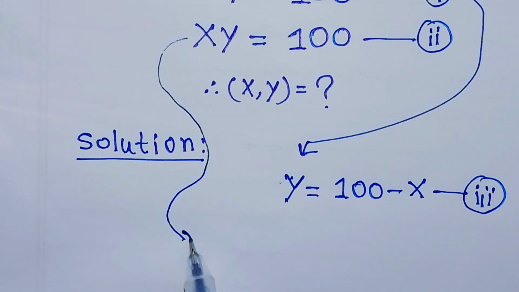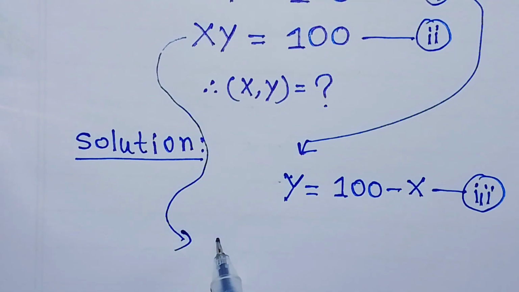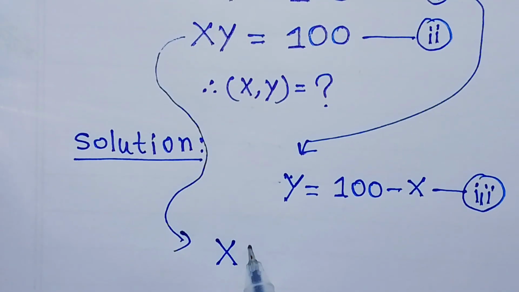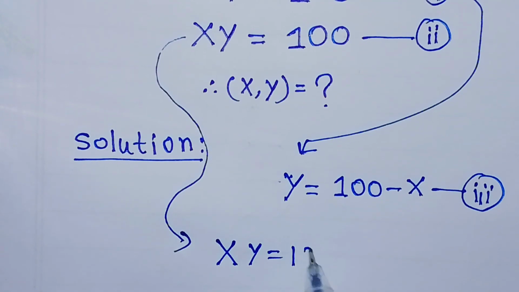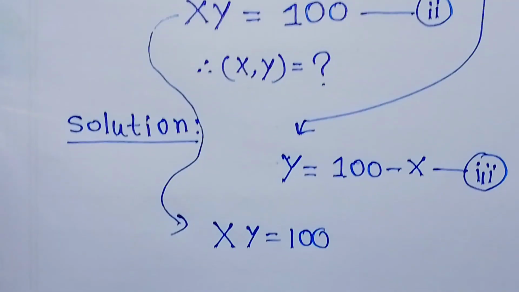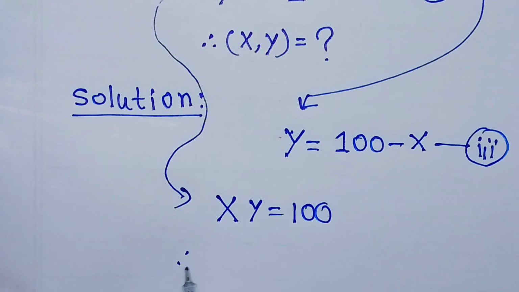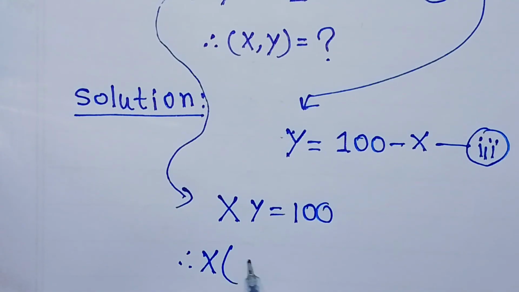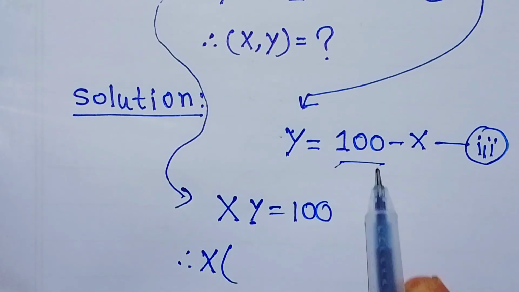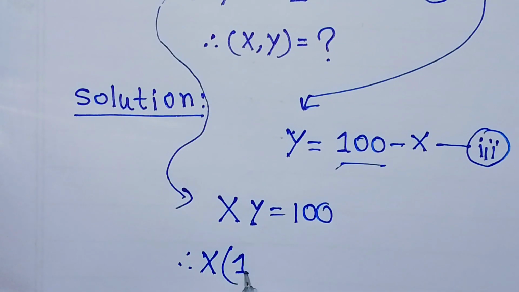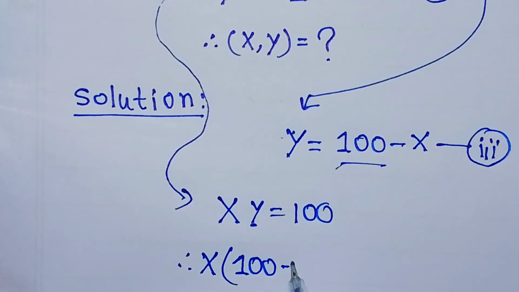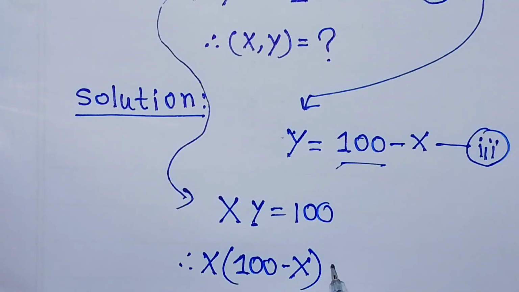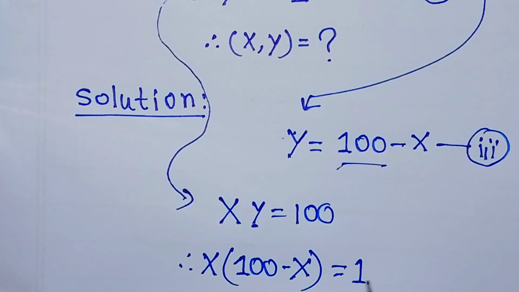So now from equation number 2 we can write x times y equals 100. So here we just replace the value of y, which is 100 minus x, so it is equal to 100, right?